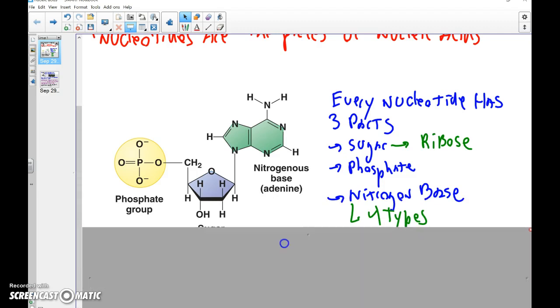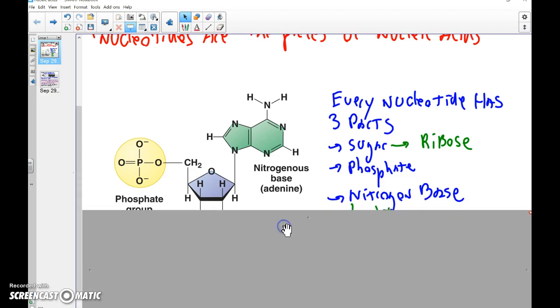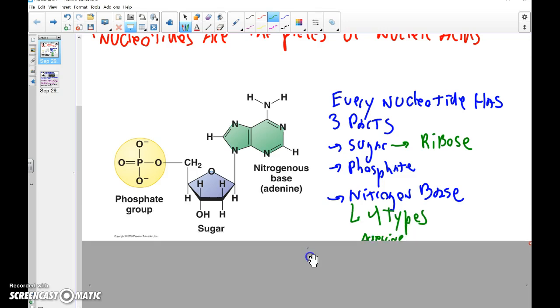And every nucleotide has 3 parts. They have a sugar, and the sugar is a carbohydrate, just like we saw in our last video where carbohydrates are one of the macromolecules. Nucleotides are a little more complex. They actually have a sugar as part of their structure. And you can see right here, this is the sugar.